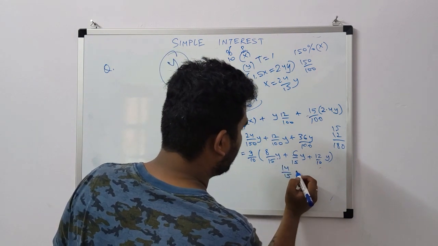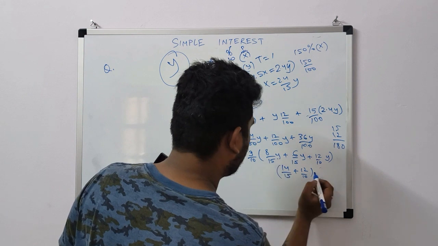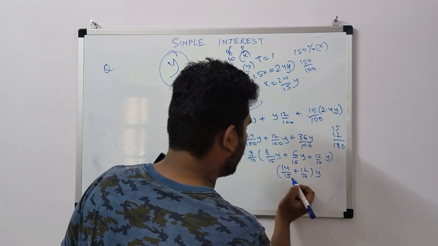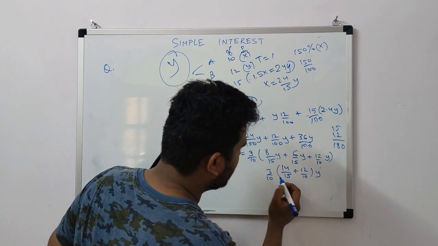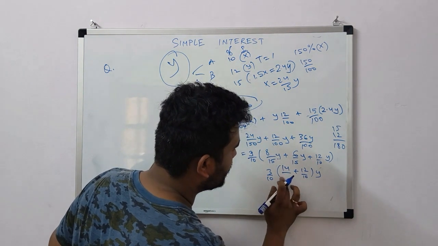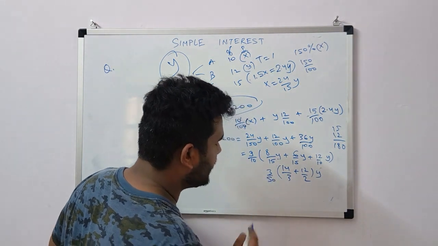14 upon 15 plus 12 by 10 y into 3 by 10. So this is 3 and this is 2. 3 and 2. 5 if I take common.